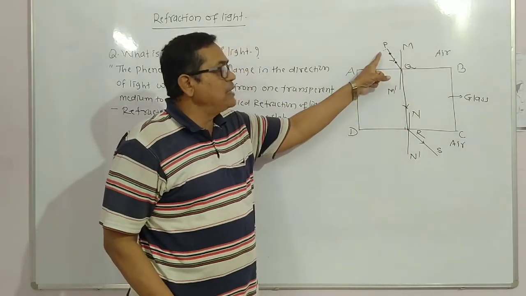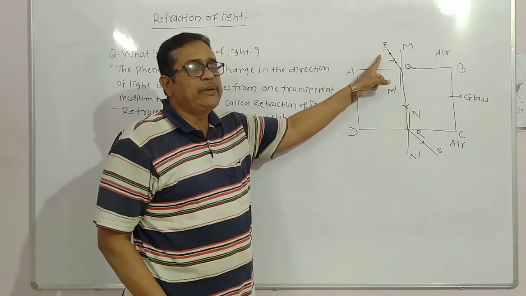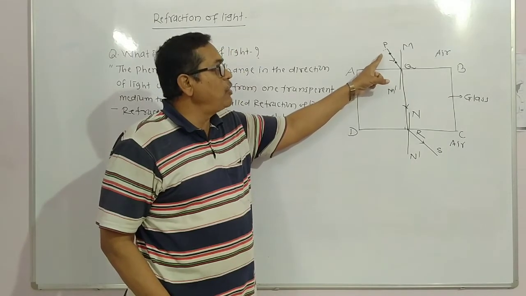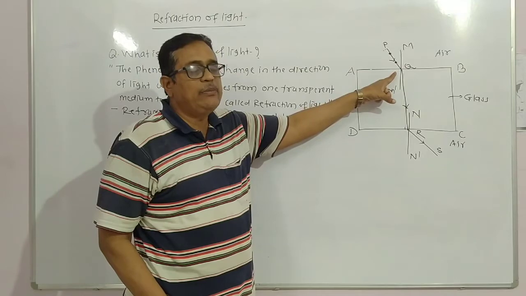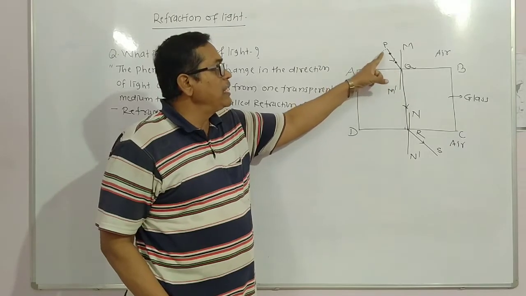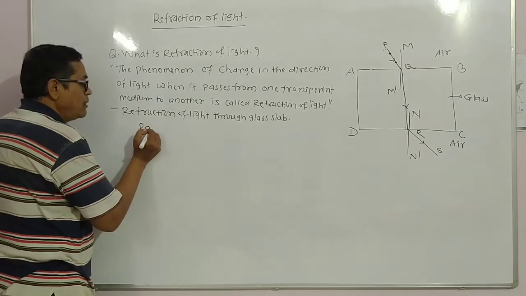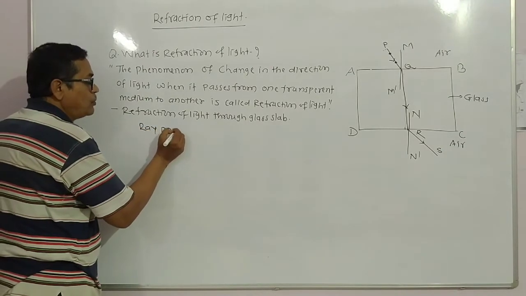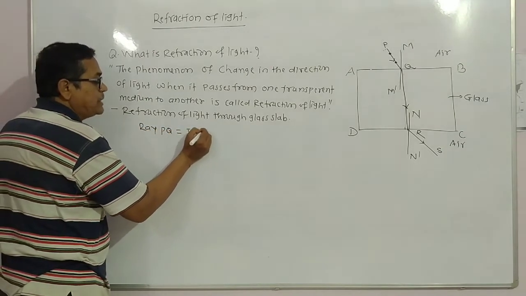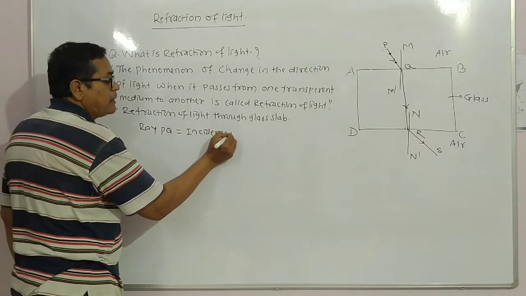PQ is a light ray which travels through the air because air is medium 1 here, and hence it is obliquely incident on the side AB of the glass slab. Here ray PQ is called the incident ray.